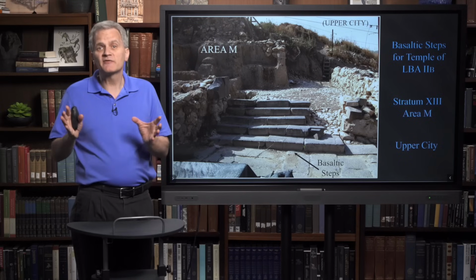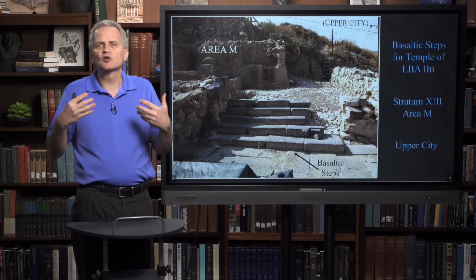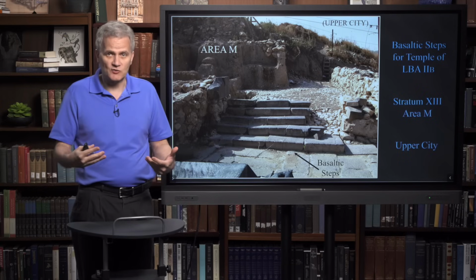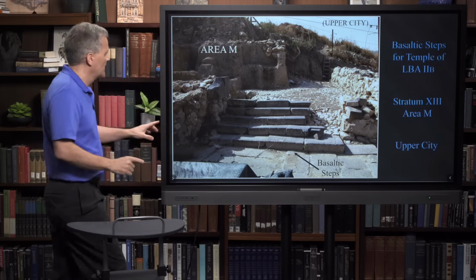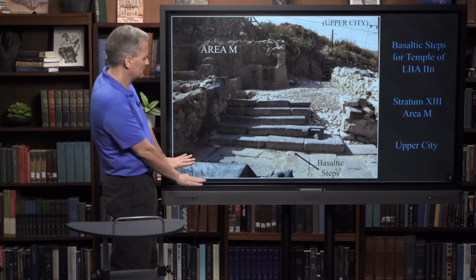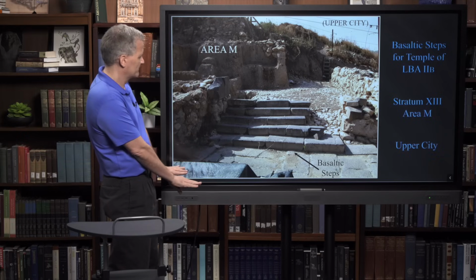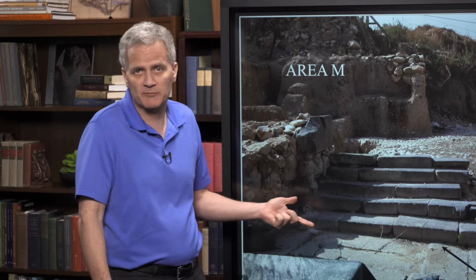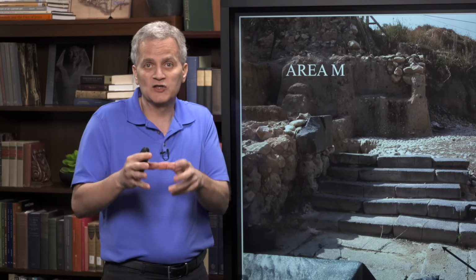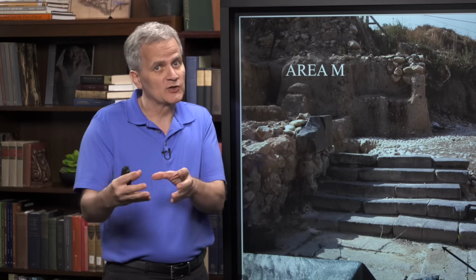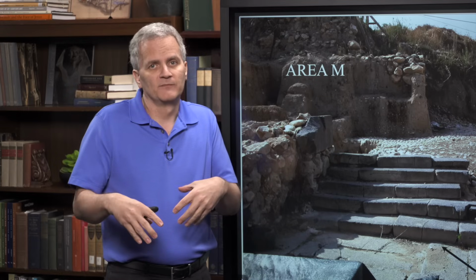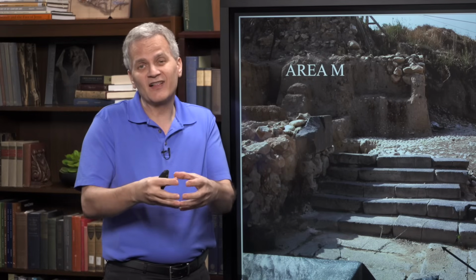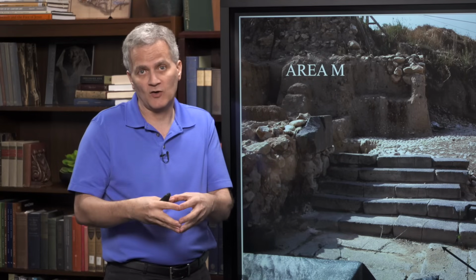Now let's look at some of the images of what things looked like in Area M at this final Canaanite destruction. First, this is a view down inside a temple. And you can see, first of all, that everything here is made of black stone. How do you get black stone? Well, Hazor is located, remember, very close to the Sea of Galilee. And if you know what happened in greater antiquity, the Sea of Galilee is resting on a dormant volcano.